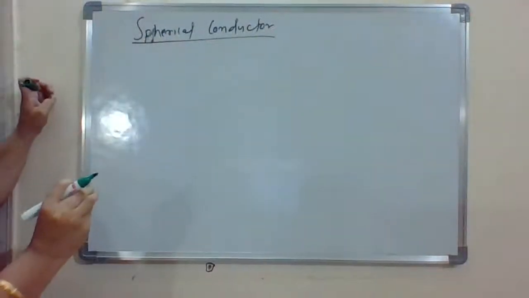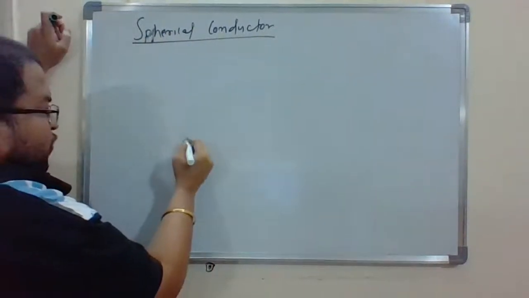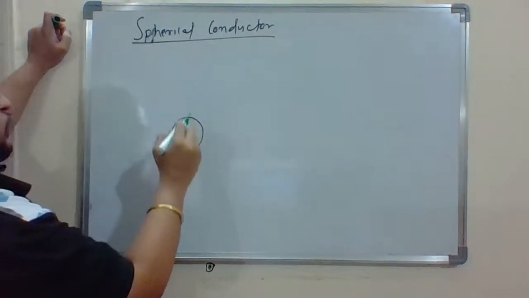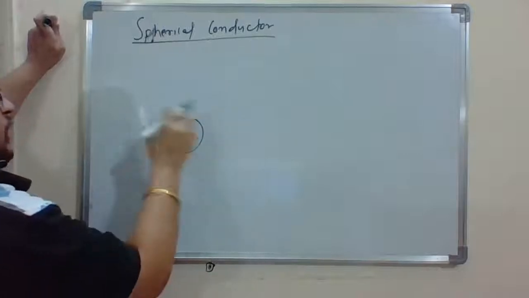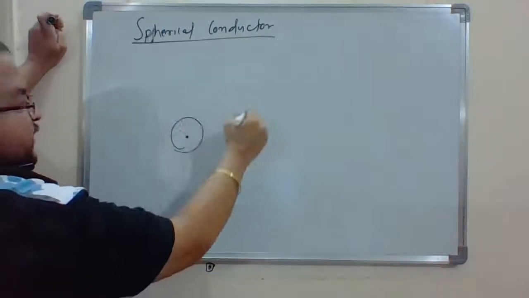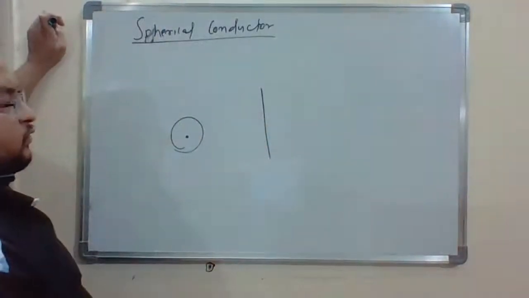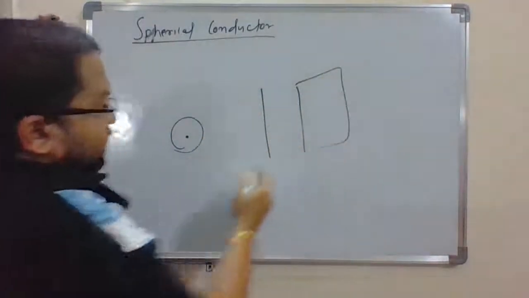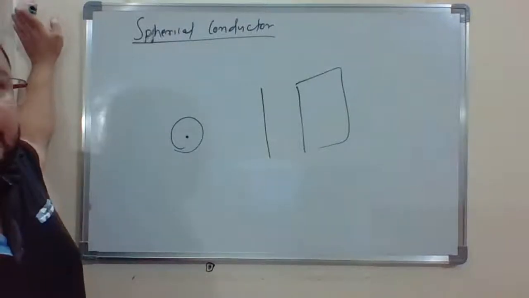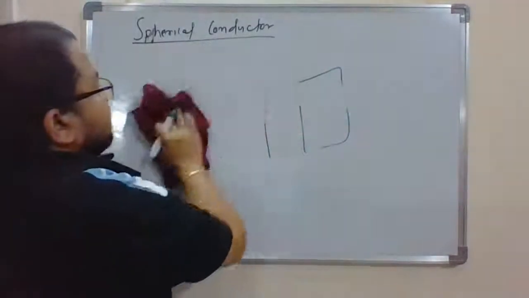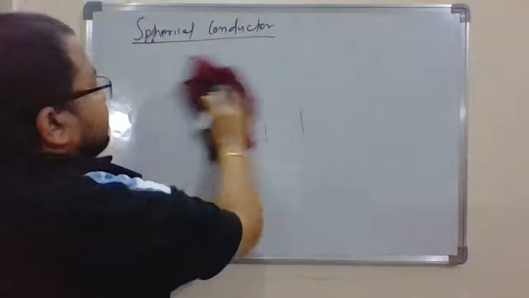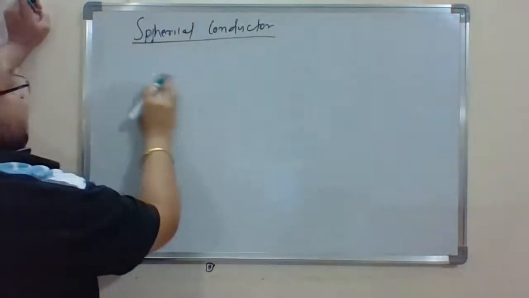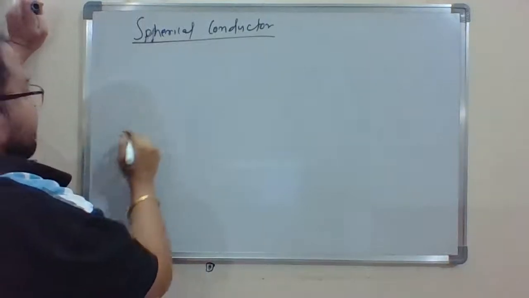Just like we have studied in electric field also, we started with a point charge, then a spherical conductor, then charge distributed in a straight line, charge in a sheet, right? So similarly, here also we'll see what are the different geometries of capacitors. So let us keep moving. Spherical conductor or spherical capacitor.